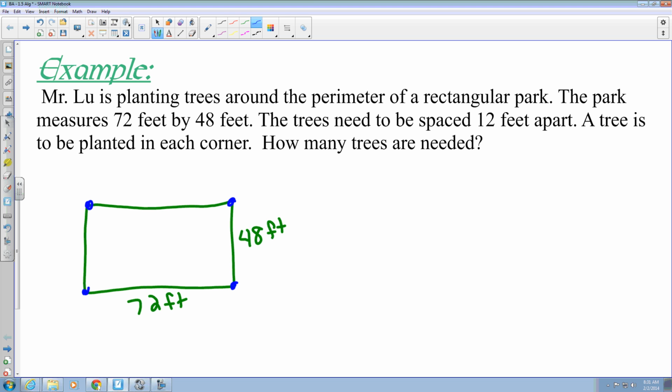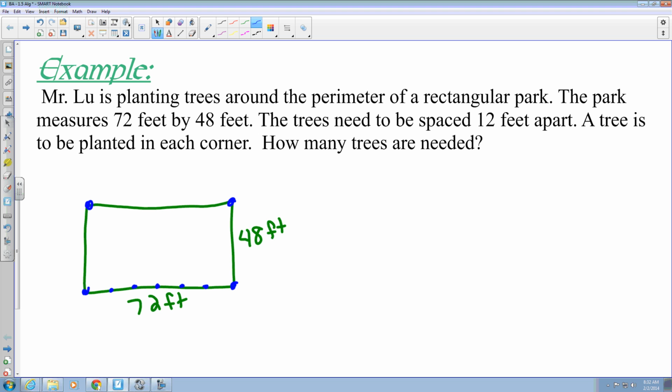So that means on each perimeter, which is the distance around the park, there's going to be a tree every 12 feet. So there's going to be a tree here at 12 feet, 24, 36, 48, 60.